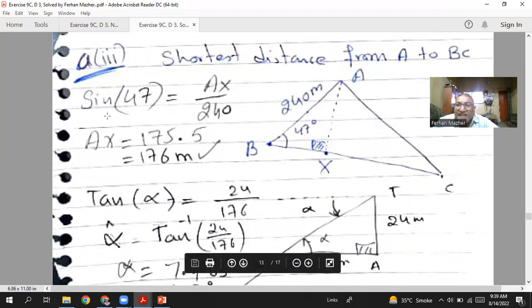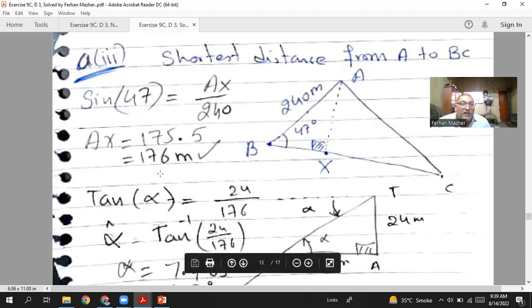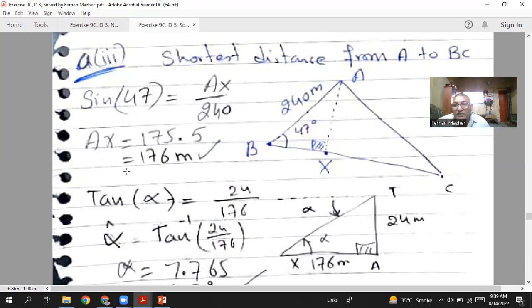I will use the simple sine theta equals perpendicular by hypotenuse. So sine 47 equals AX divided by 240, and AX equals 240 multiplied by sine 47, and that will be 175.5, which is approximately 176 meters.